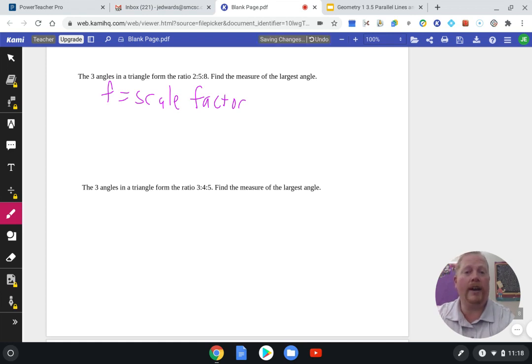And so then I'm going to write an expression for each angle. So 2 times the scale factor, 5 times the scale factor, and 8 times the scale factor. So those expressions represent all three angles in the triangle. And I should know that all three of those angles have to add up to 180.